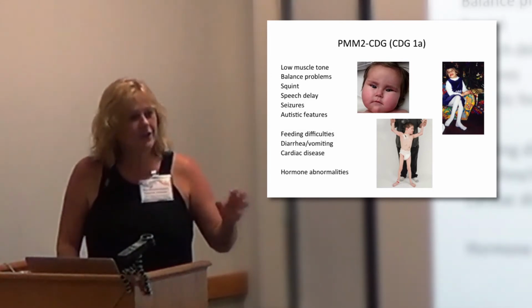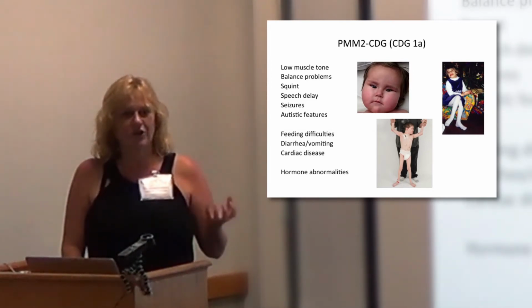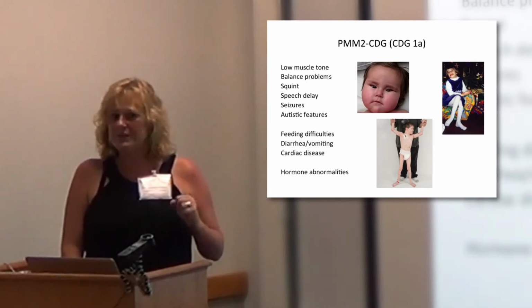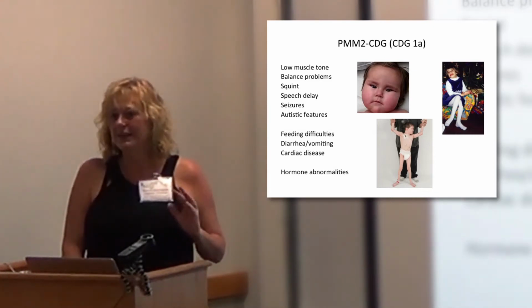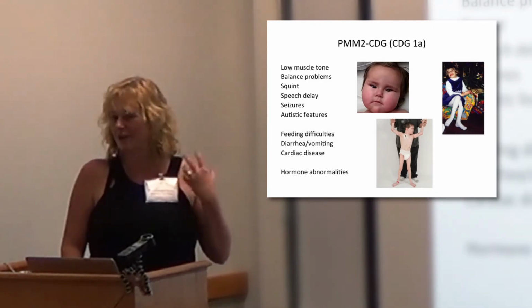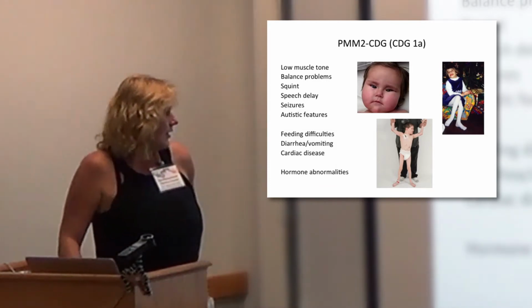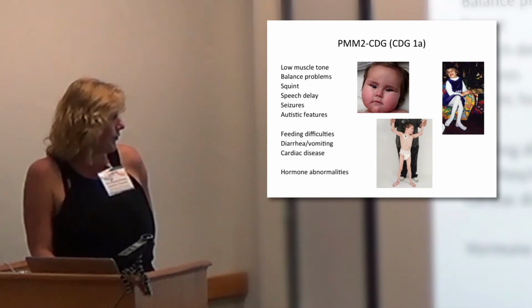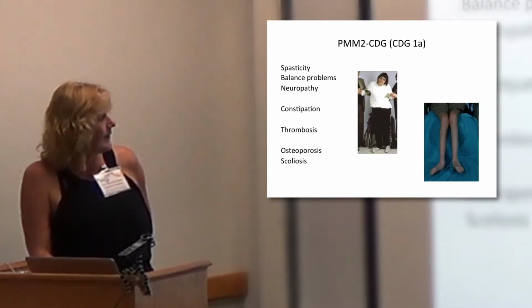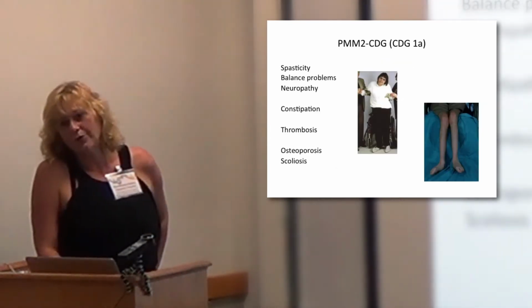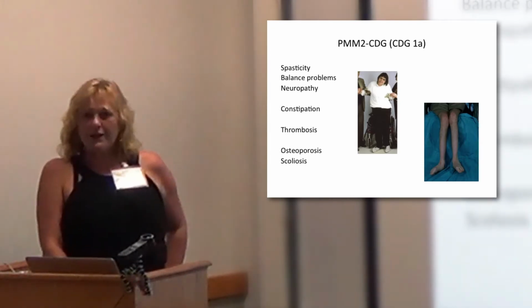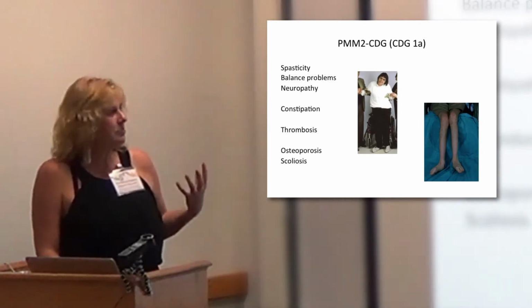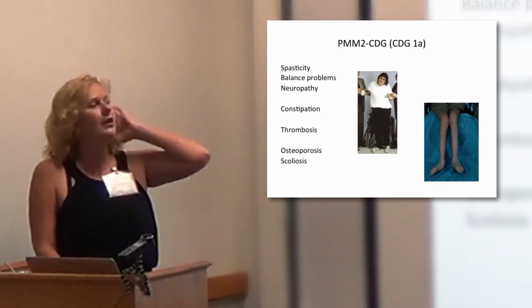There are certain behavioral aspects which are autistic. Still, most of the patients are delightful to be with because of their personality. Feeding difficulties, I'm sure we'll talk about that, and the hormone abnormalities. As they go to adulthood, we have somewhat of a changed clinical pattern.